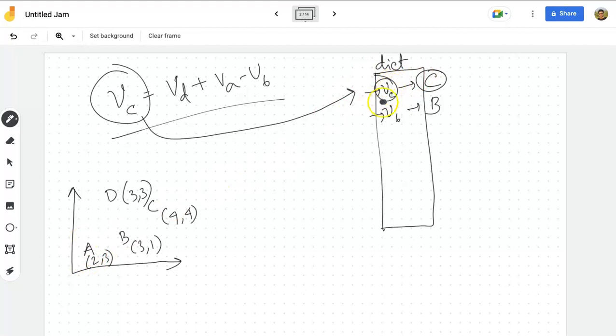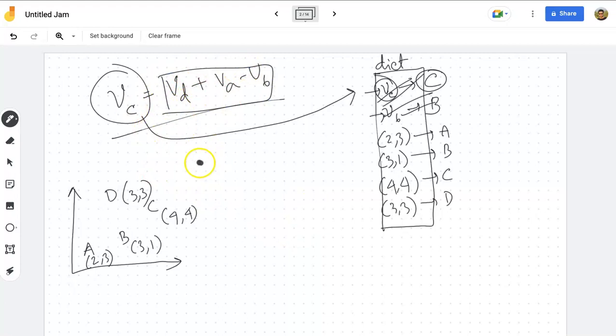So in the dictionary we get A as 2 comma 3, mapped to A; B as 3 comma 1, mapped to B; C as 4 comma 4, mapped to C; and D as 3 comma 3. Now suppose when we calculate, we get BC equal to something like 1 comma 2.